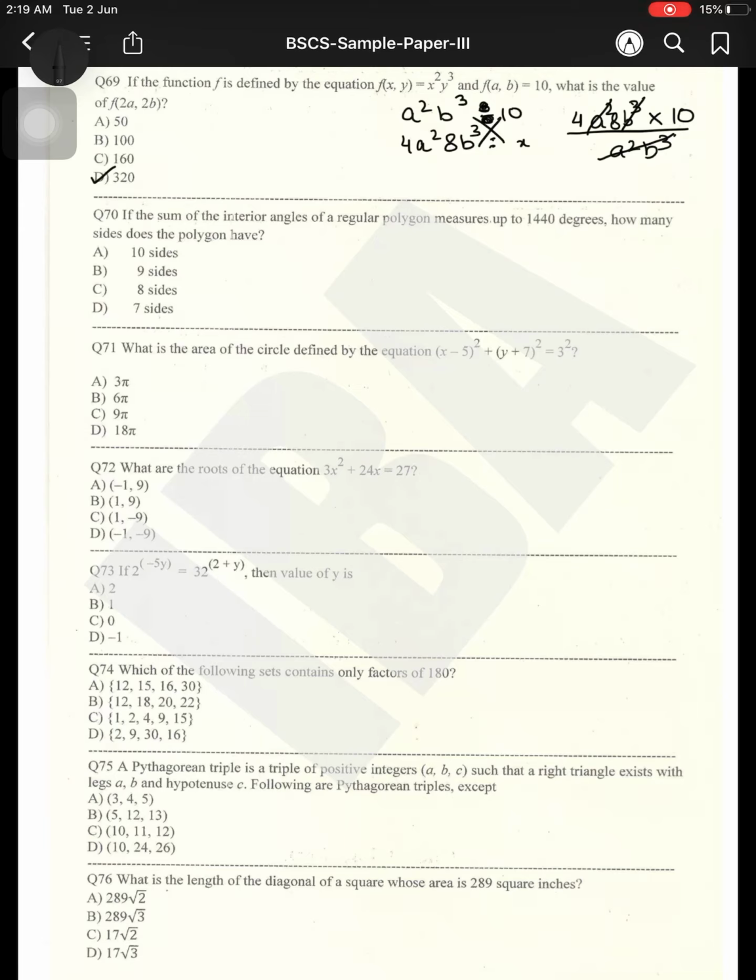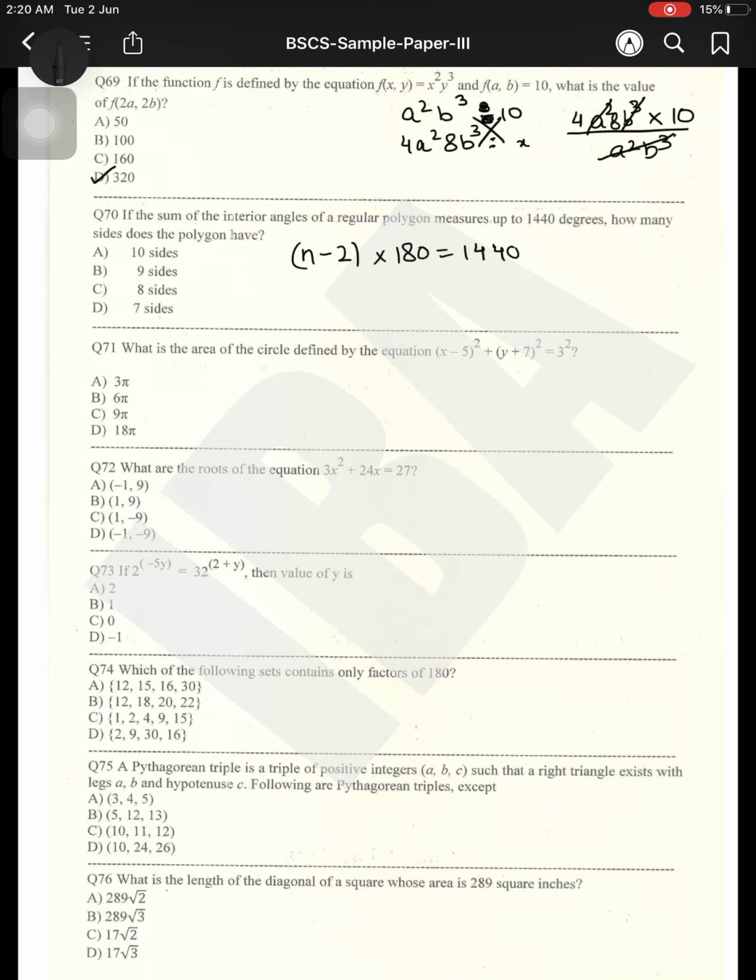This next question, we're going to find out the sides of the polygon. How many sides of the polygon are there? So n minus 2 multiplied by 180 is equals to 1440.